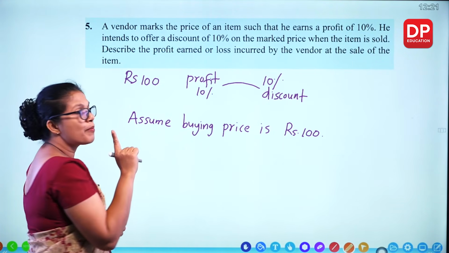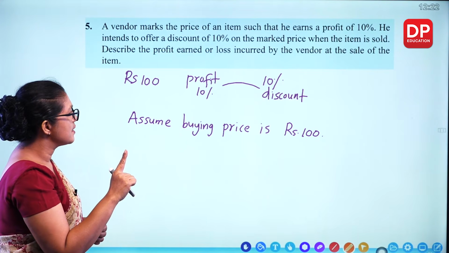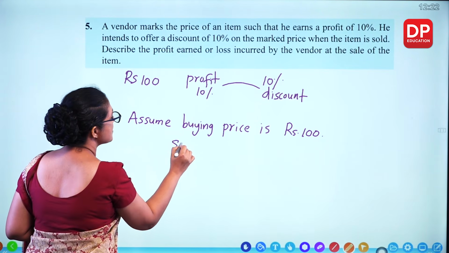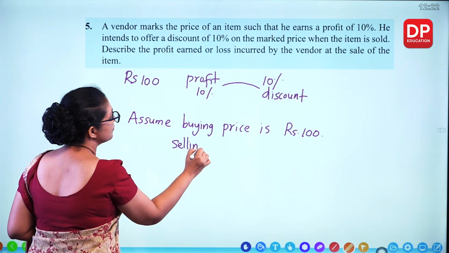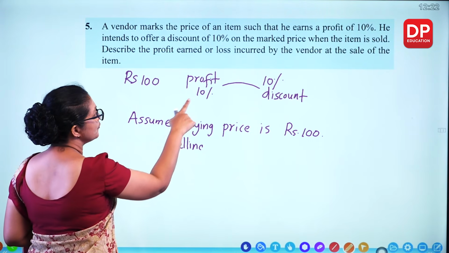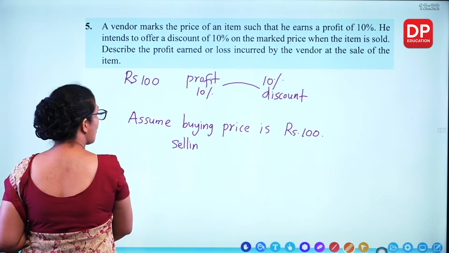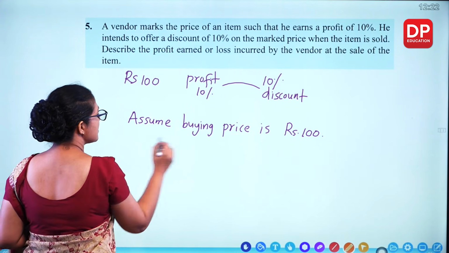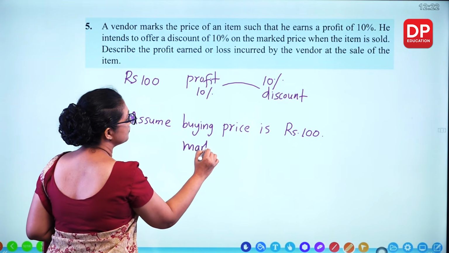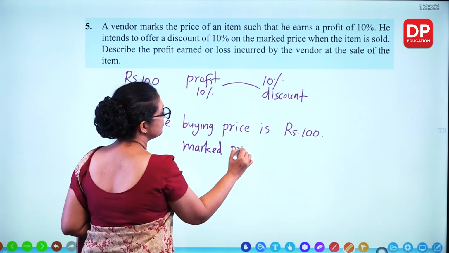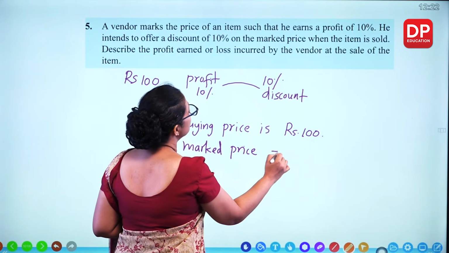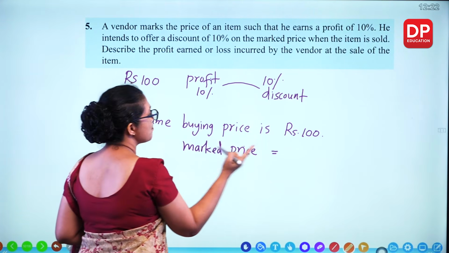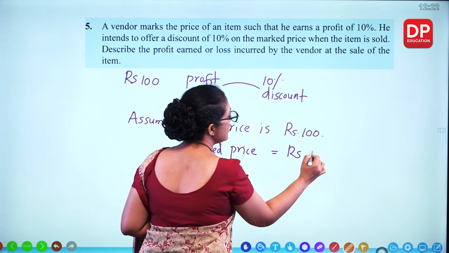So to get a profit of 10%, what's the selling price? Not the selling price, marked price. We call it marked price. 10% profit, 110. You add 10 rupees.